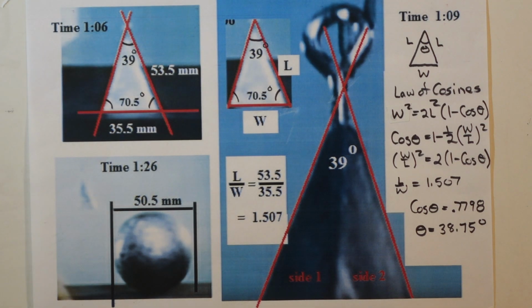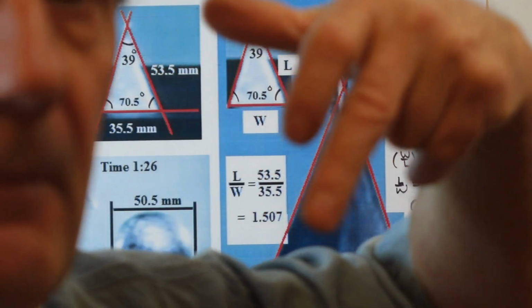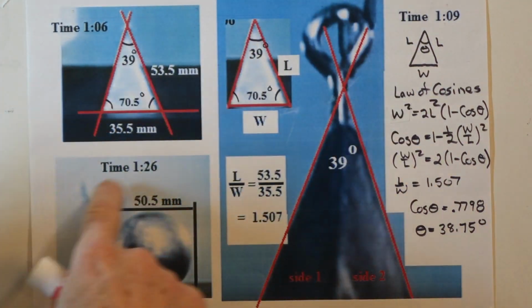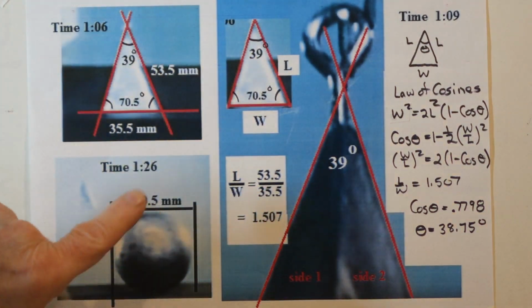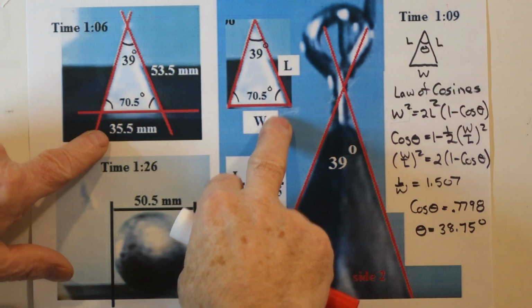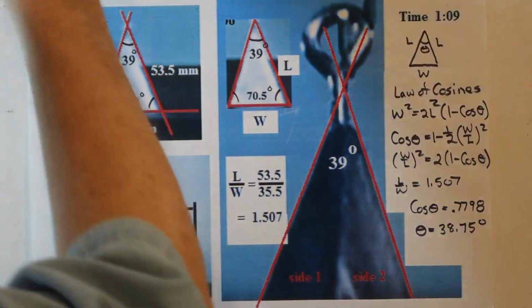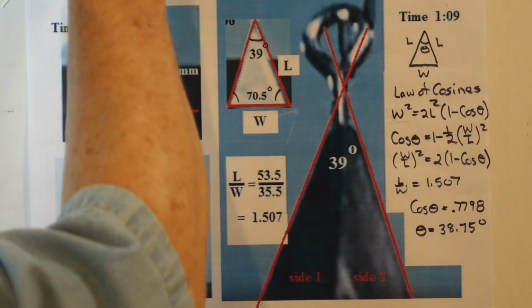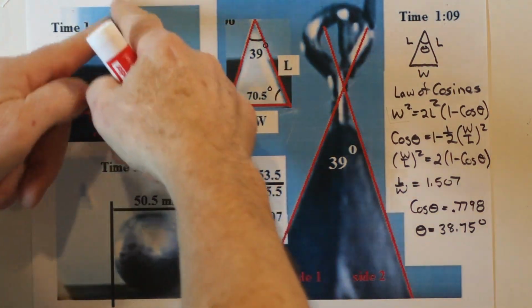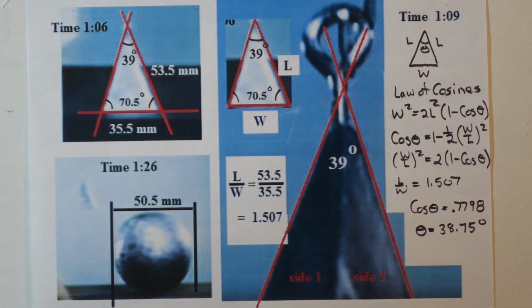We can compute the volume from knowing the mass, and I'll show you that in a moment. But first, we want to determine what theta is, and I've measured it in two different screenshots to be 39 degrees. So the angle from the apex on down the slopes on the side is 39 degrees.